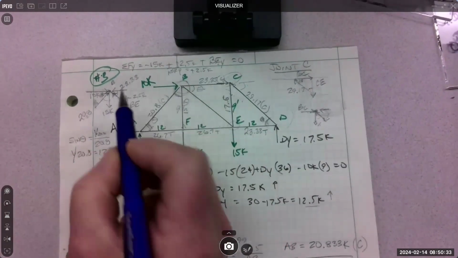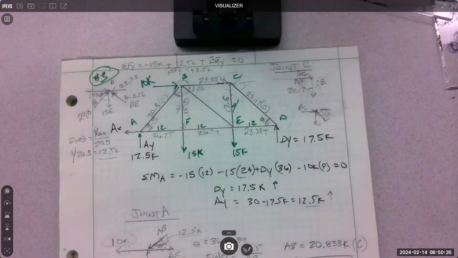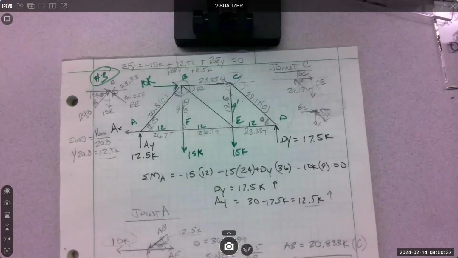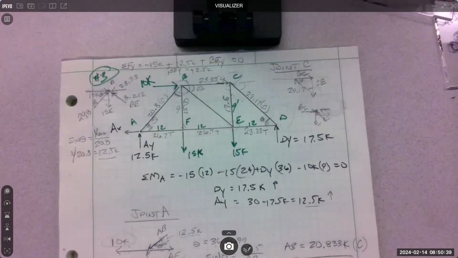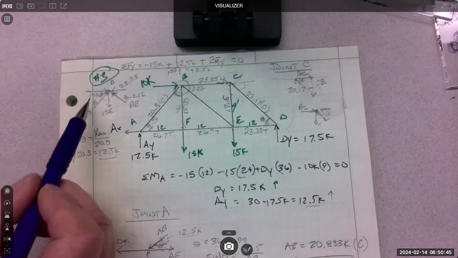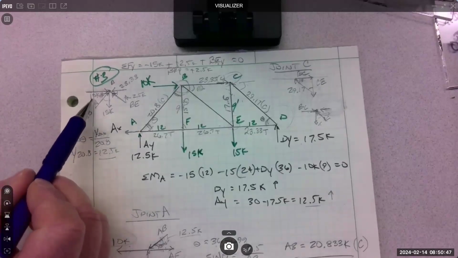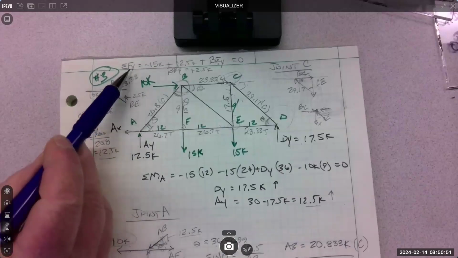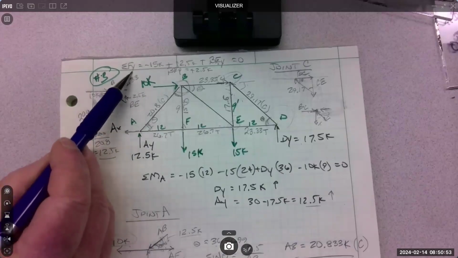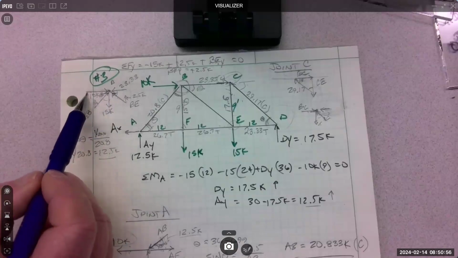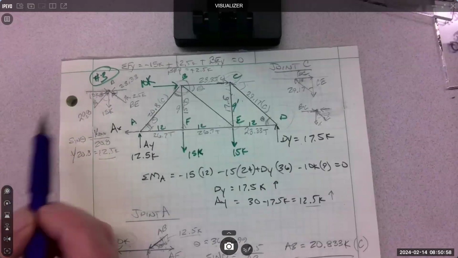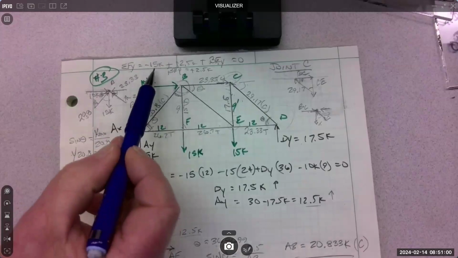Question: even though we have the 10K applied at the B intersection, junction, we don't use it in the equation? Right here, no 10K, because I'm doing forces in the Y, not the X. That's why the 15K is in there.